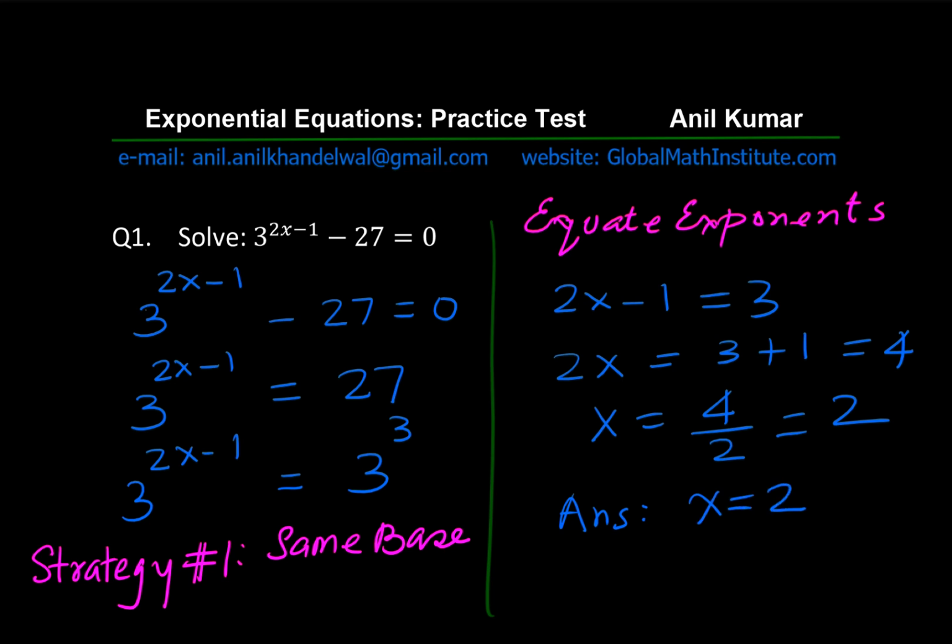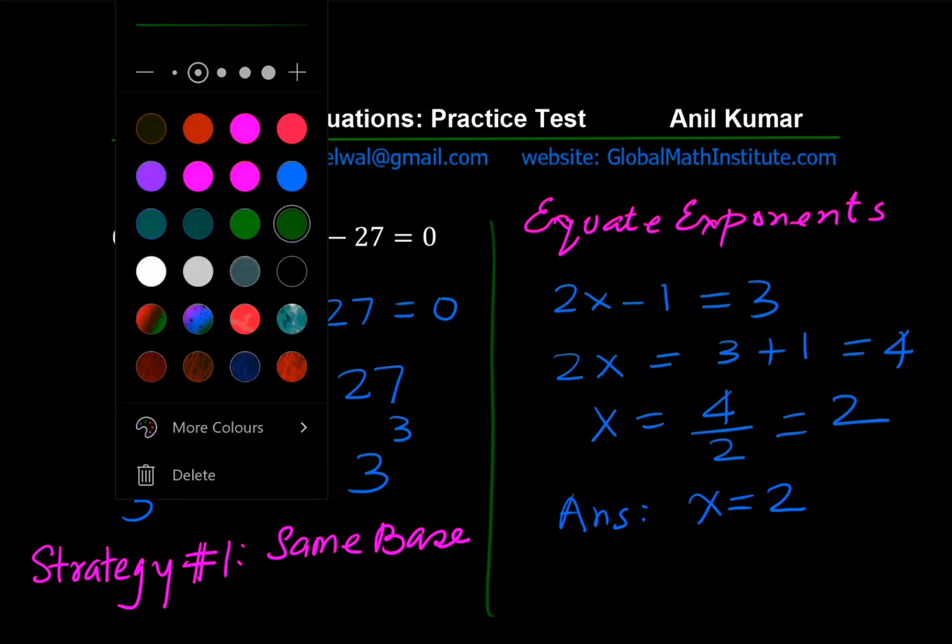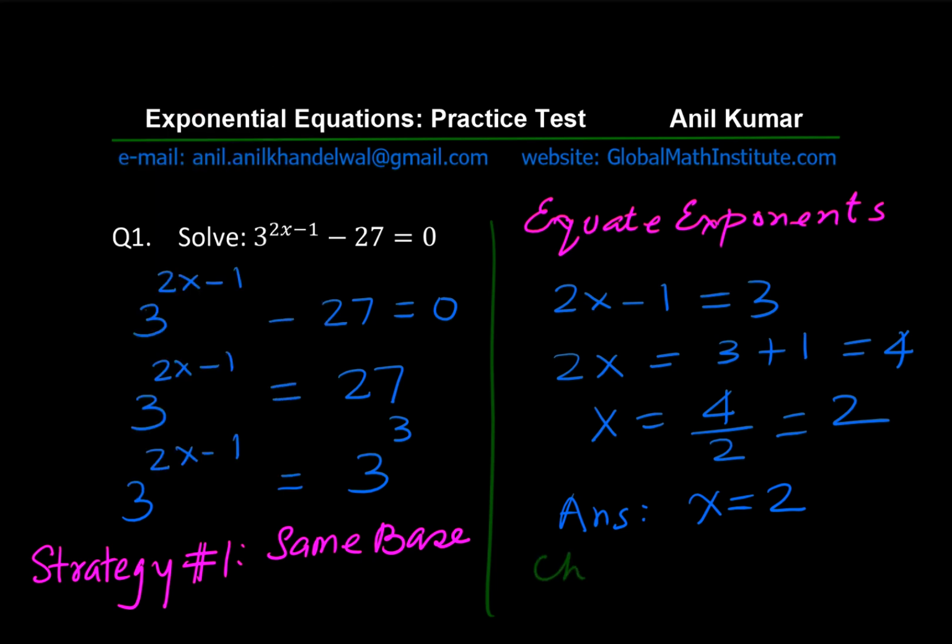Now, in exponential equations, it is also a good idea to check your solution. So I will not check it at present. However, I like you to always check solution. Correct?